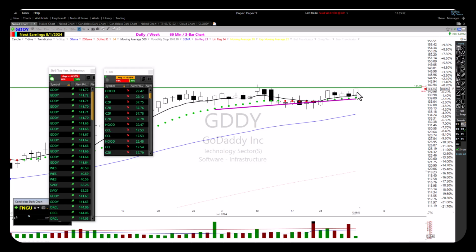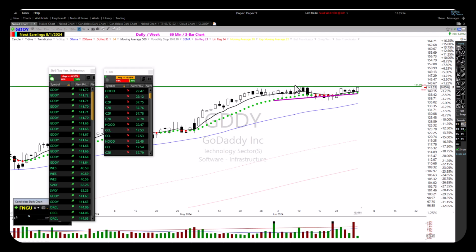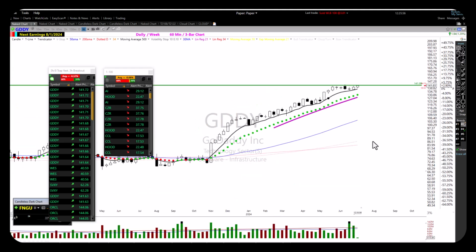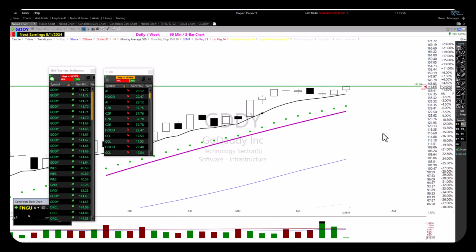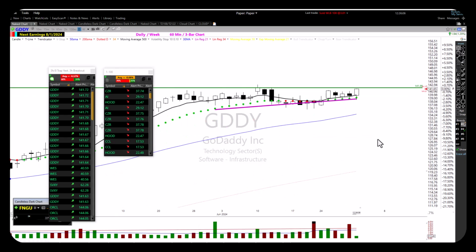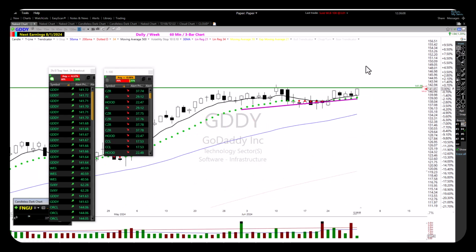You've broken out of the flag. Now we just have to deal with this little top up here. Here's the weekly chart on it. What a beautiful J-hook continuation pattern on the weekly chart. Really, really nice. Now that doesn't mean that's a buy, okay? It doesn't change the fact I think this is a horrible market to be trading in today. I truly do. This week.